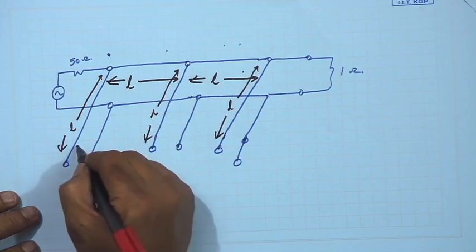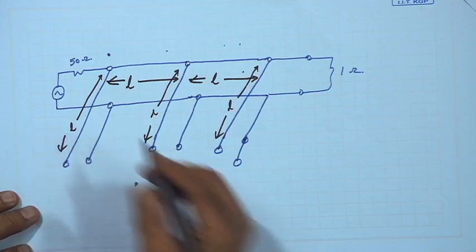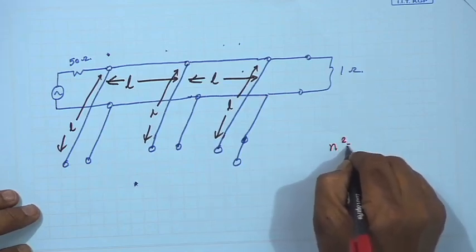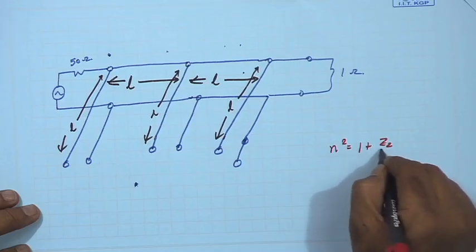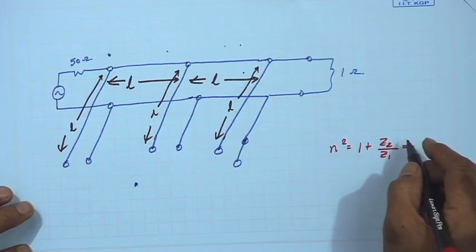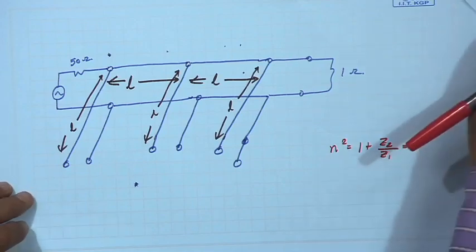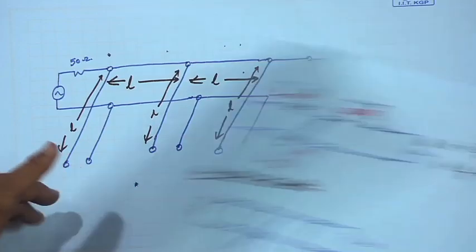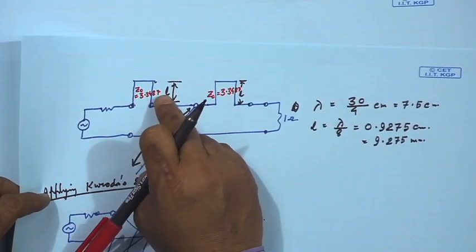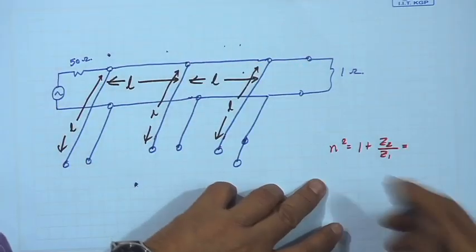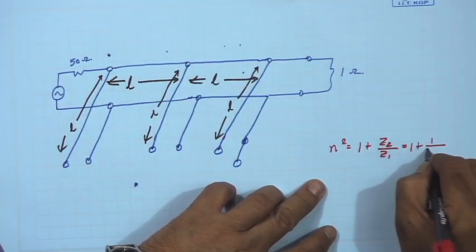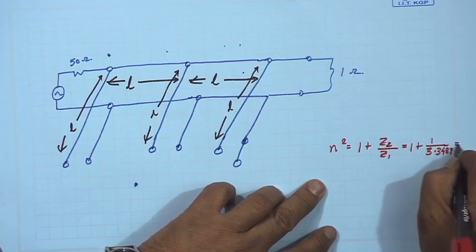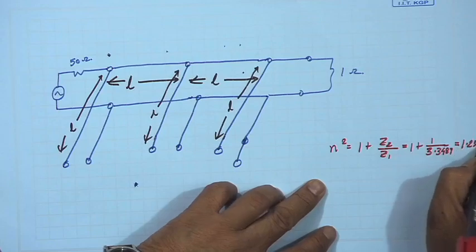So, for the first one, you see what happens: n square is 1 plus Z2 by Z1, and our Z1 was 3.3487. So, 1 plus 1 over 3.3487 gives this ratio as 1.299.